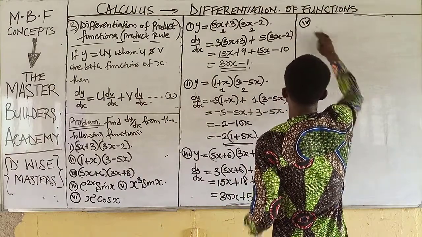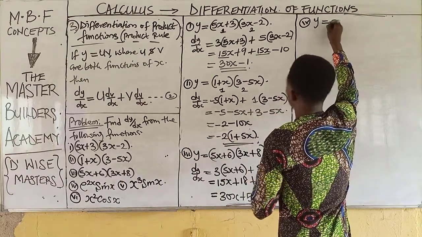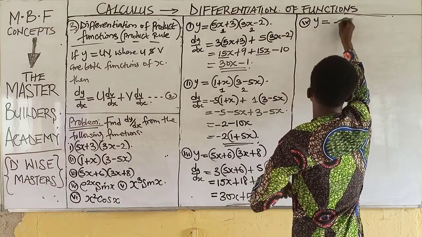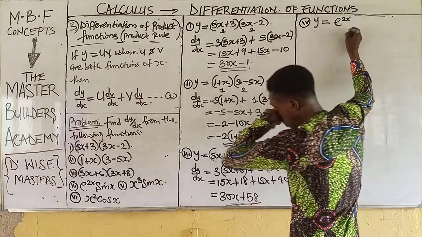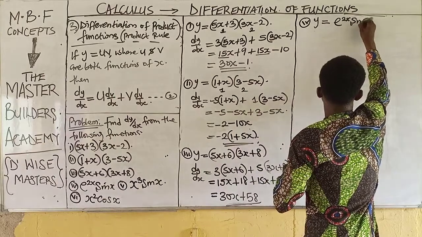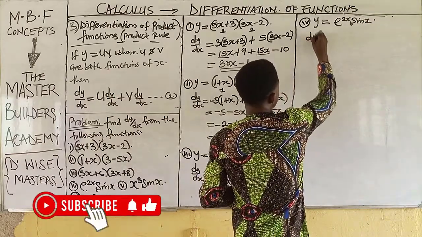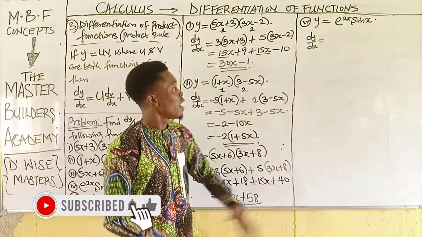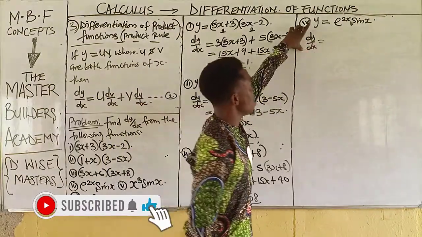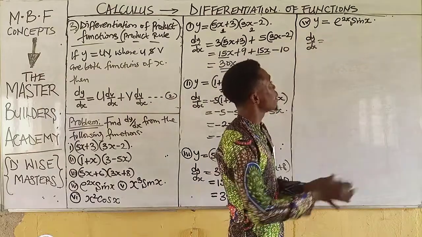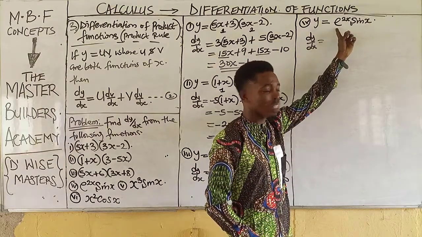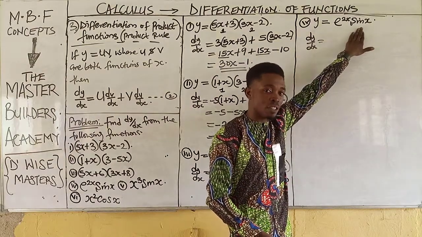We have y is equivalent to exponent 2x times sine x. So what we do here is to differentiate. Alright, so at this point now we have dy over dx is equal to what? Now we have exponential function, then we have trig functions.